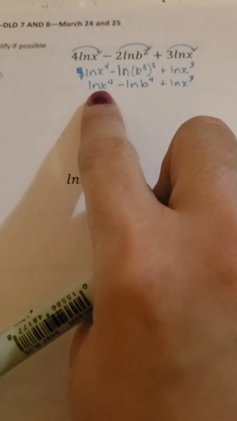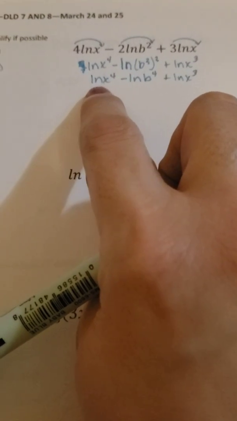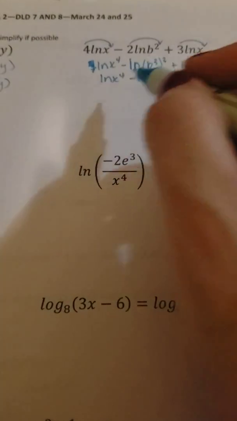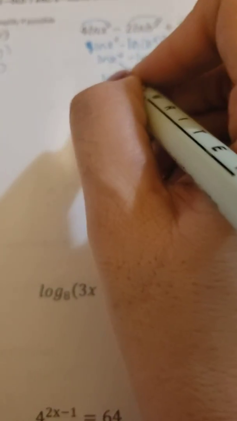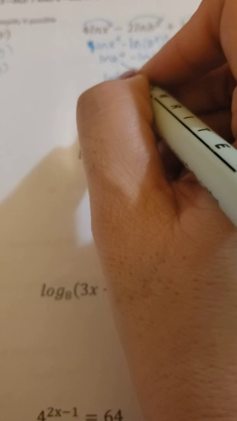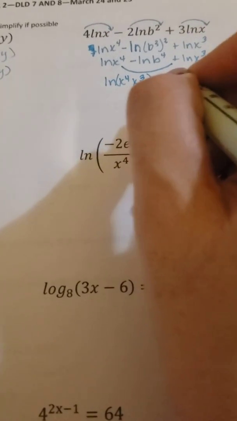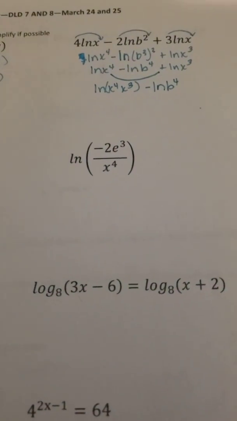All right, so they're all natural logs, so they all have the same base. I'm going to take my addition, and I'm going to do this a little out of order. I'm going to take these two things and combine them. So the natural log of x to the fourth power times x to the third power, and that's minus the natural log of b to the fourth power.